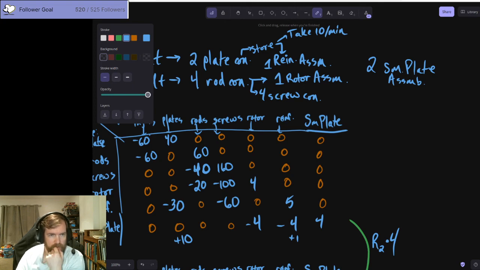Other way. There we go. Screws. Got screws. I'm hitting the button a lot. Alright, screws. We end up getting 40 a minute. Ugh. It's 1.5 going to reinforced. Lovely.